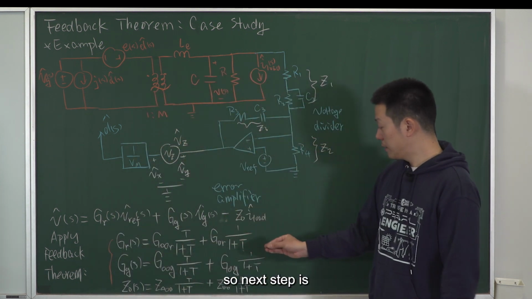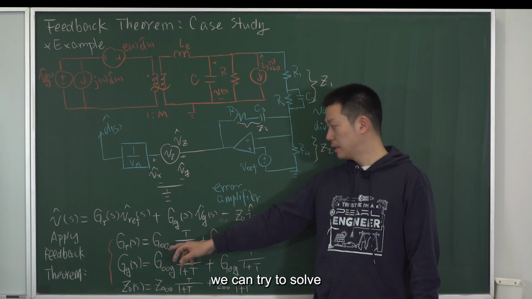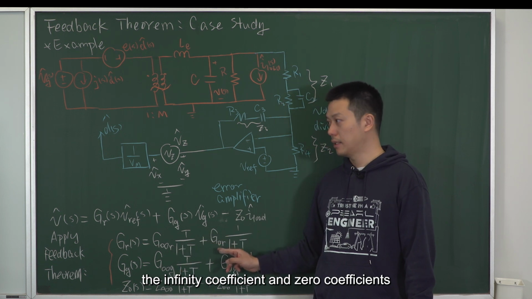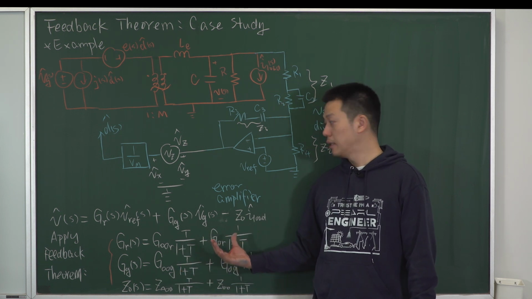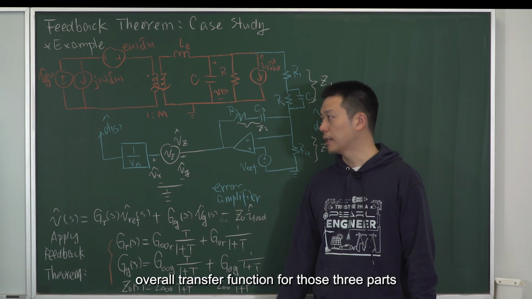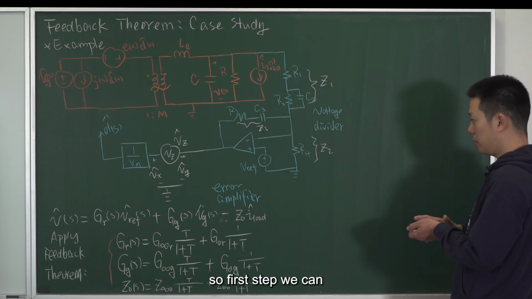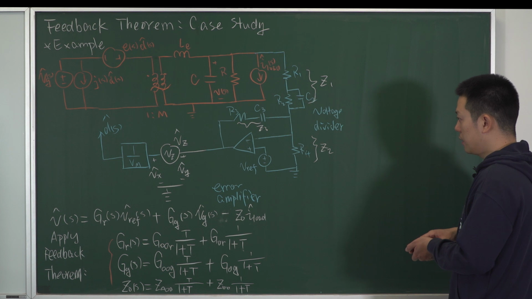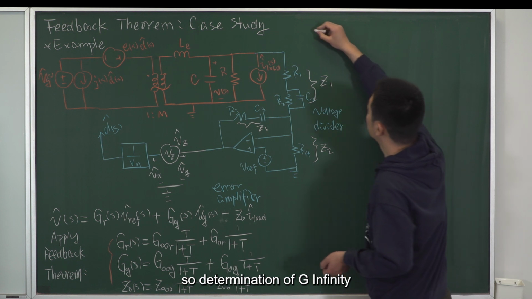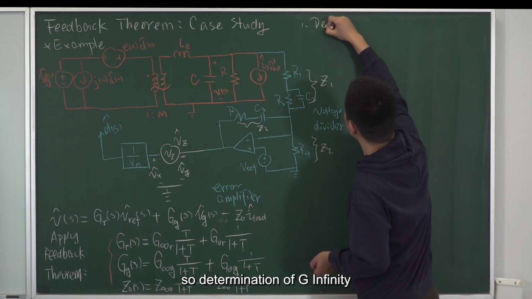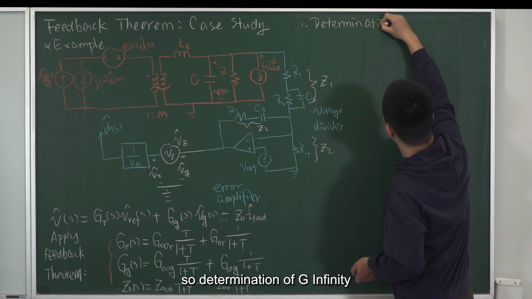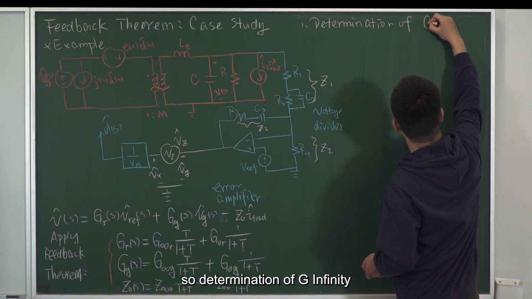So the next step is to solve for the infinity coefficients and the zero coefficients. Then we can find the overall transfer functions for those three parts. Let's do them one by one. First, we determine the infinity part, the determination of G infinity.